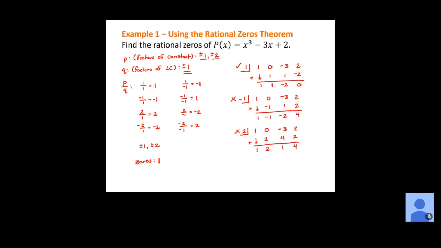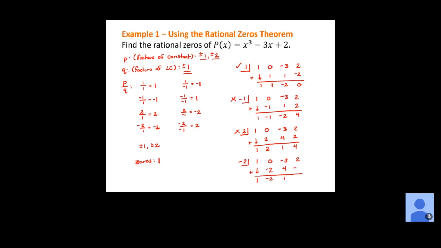All right, we've got one more to check now, the negative 2. Put that in my box. 1, 0, negative 3, and 2 again. Bring down the 1. 1 times negative 2 is negative 2. 0 plus negative 2, negative 2. Negative 2 times negative 2 is positive 4. Negative 3 plus 4, positive 1.